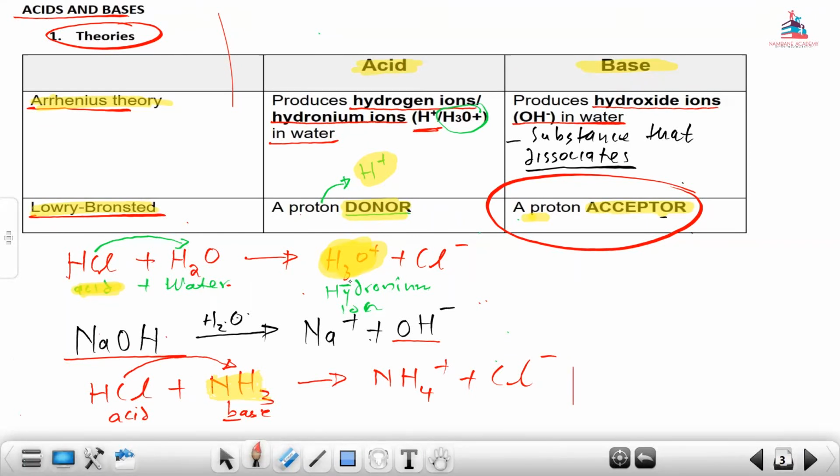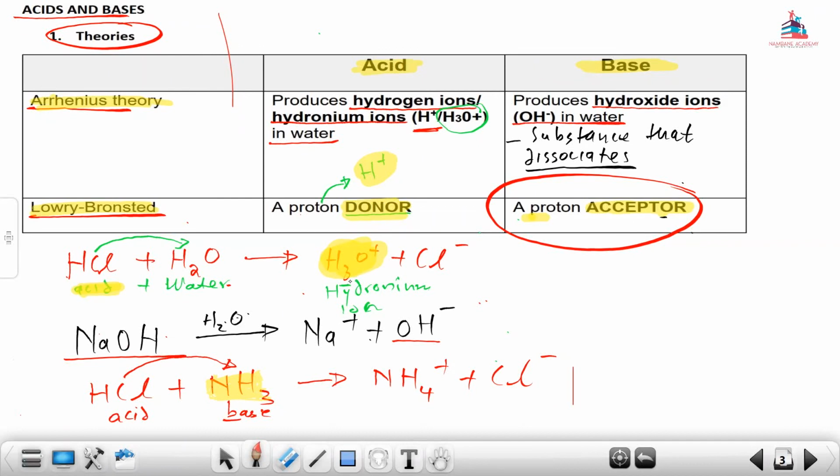I still see Musakwebu and Manuku Makama. Let me start with Manuku. No, sir, I wanted to ask, will it always be the case that the molecule that accepted a proton will always be positively charged, and the one that lost a proton will always be negatively charged? 100%.